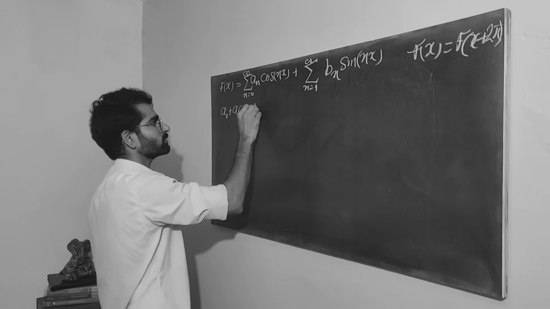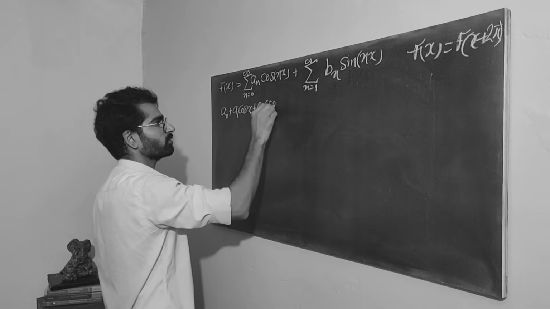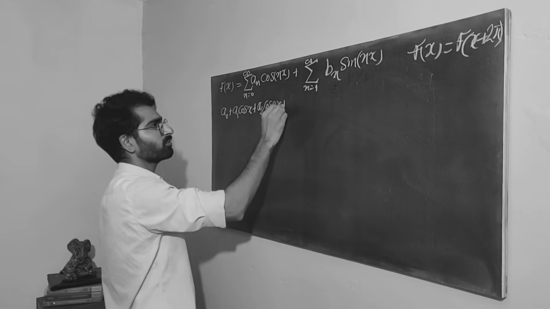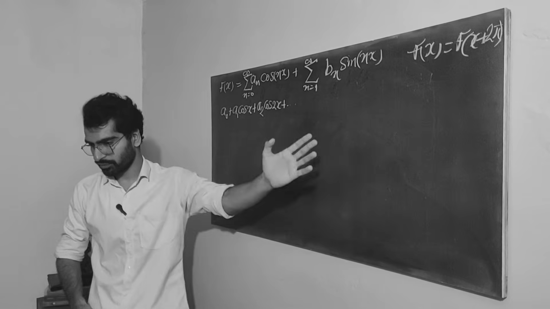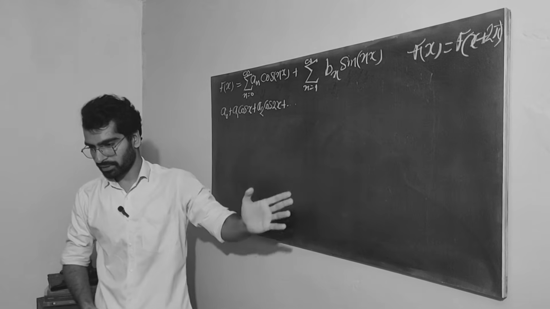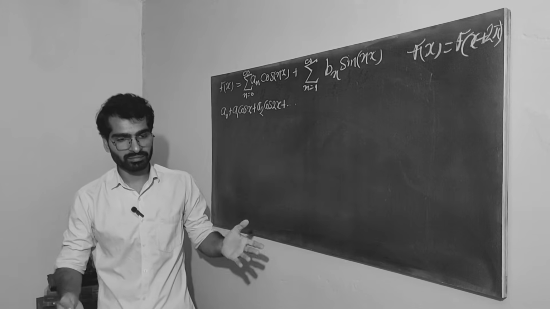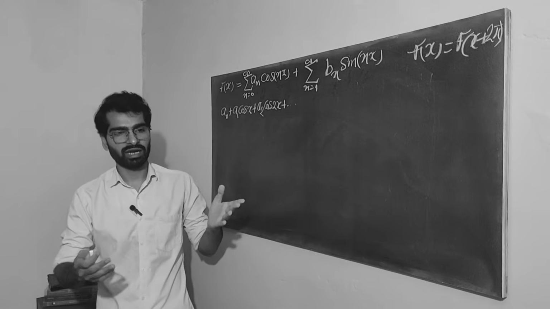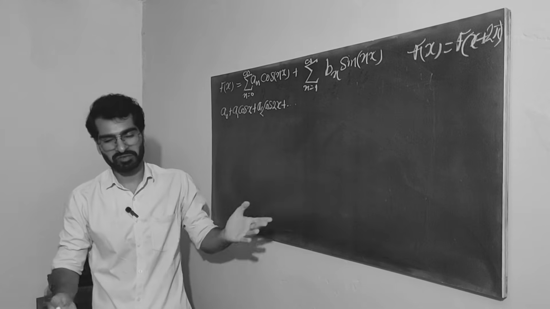When you put n equals 2, you get a2 times cosine of 2x, and then it moves forward. Here you will have cosine of 3x, 4x, 5x, and then somewhere in between you're going to have a term ak times cosine of kx, and k could be anything, it could be 11, 15, whatever.